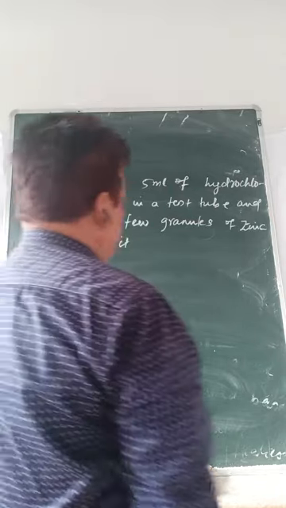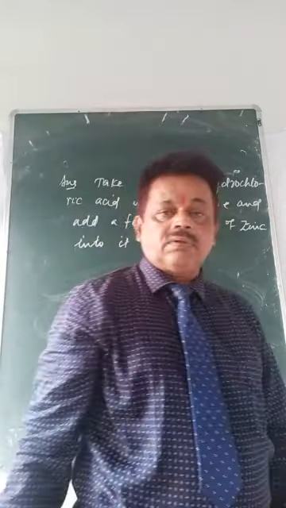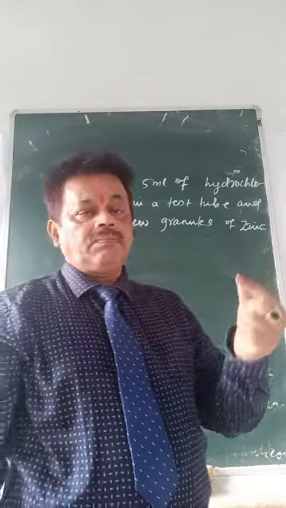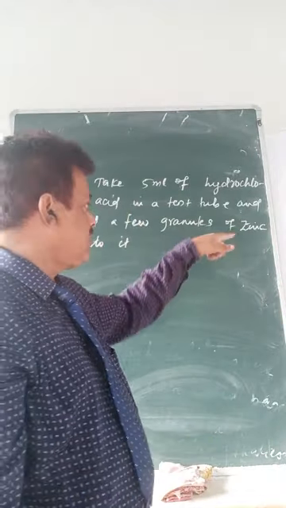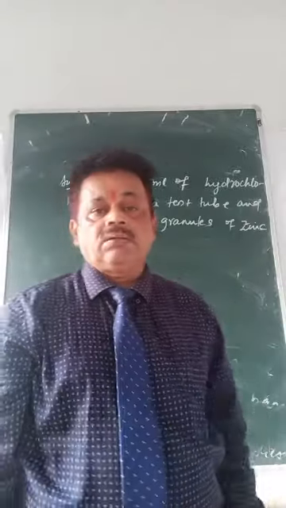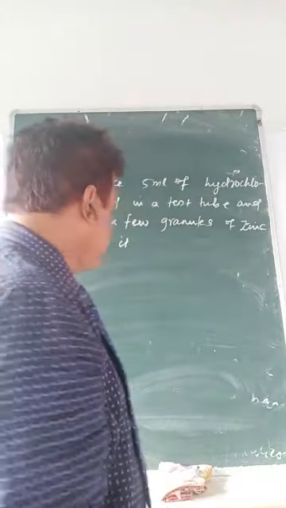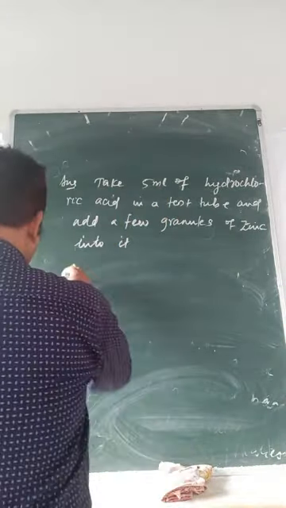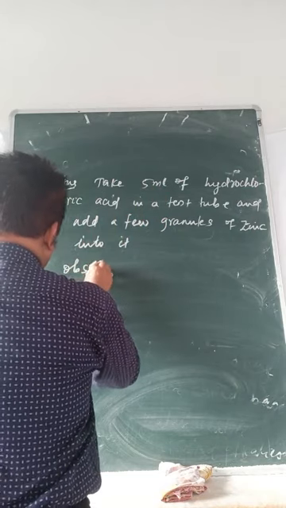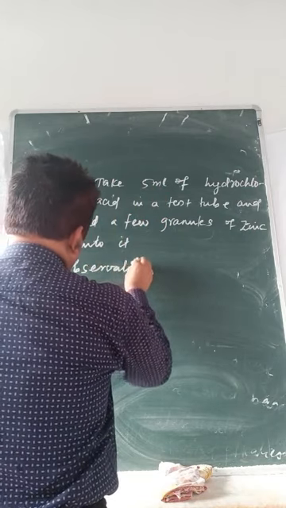Okay, what you did? You took 5 ml of hydrochloric acid, put some zinc granules in the test tube. So what is your observation there? What do you observe in that? This is your lab activity.